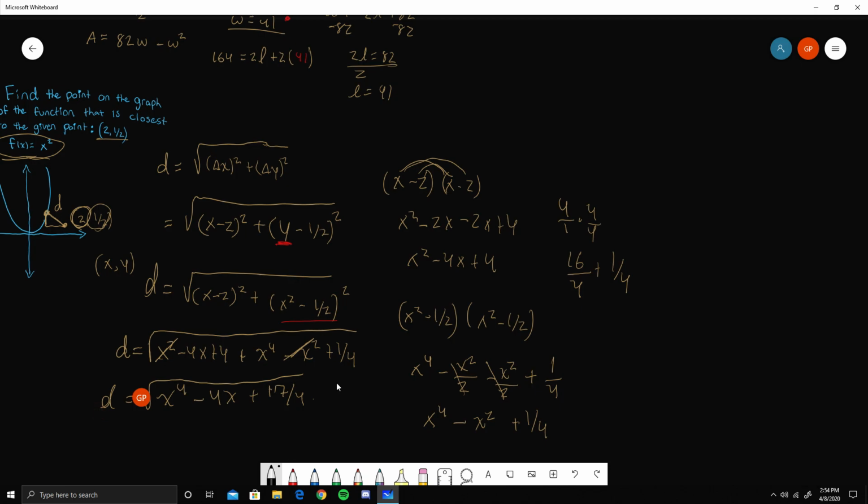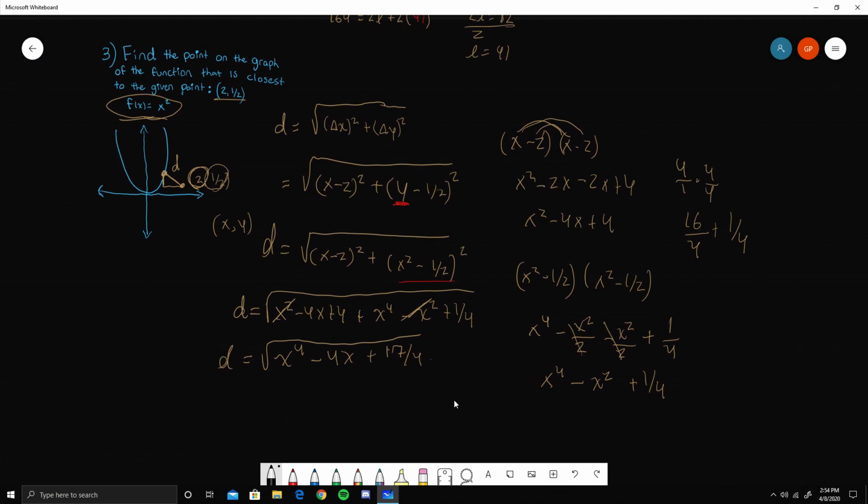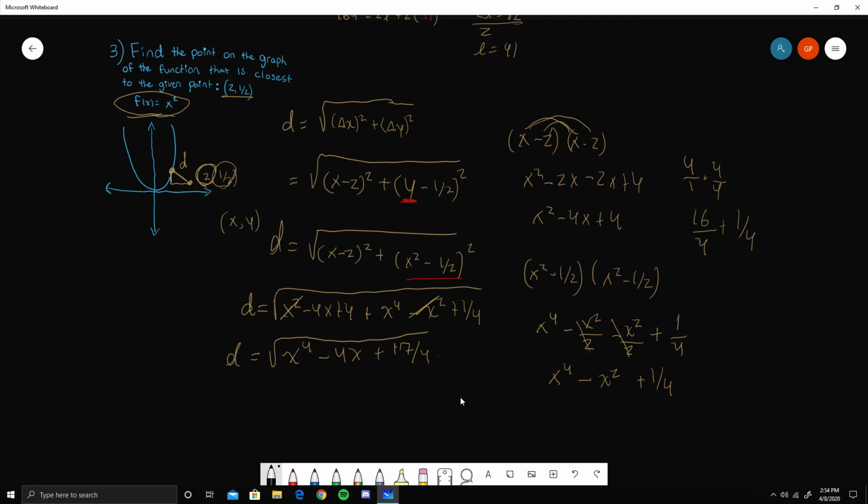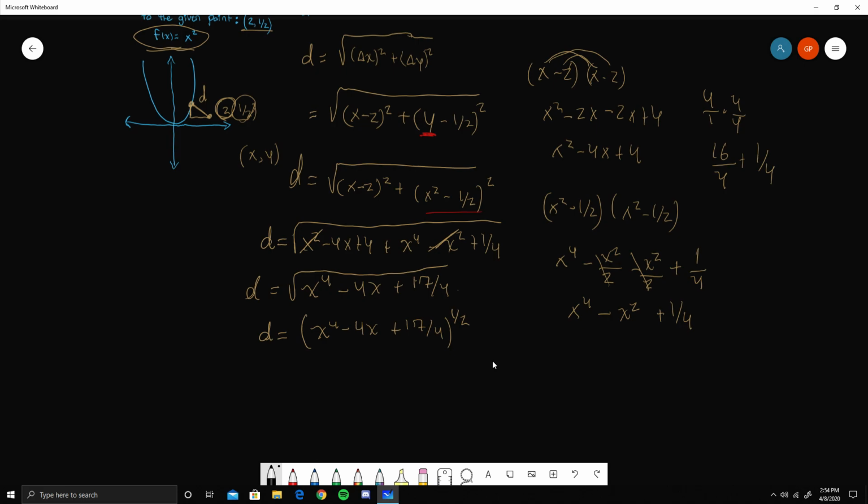So now that we've simplified everything inside the radical, we can apply the derivative to find our critical values. Before I apply the derivative, I'm going to write this in terms of exponents. So this is equivalent to x to the fourth minus 4x plus 17 over 4, all to the 1/2 power. Now I'm going to apply the chain rule. I get that d prime is equal to 1/2 times x to the fourth minus 4x plus 17 over 4, subtract 1 from the exponent, and I get negative 1/2, times the derivative of the inside, which gives me 4x to the third minus 4.